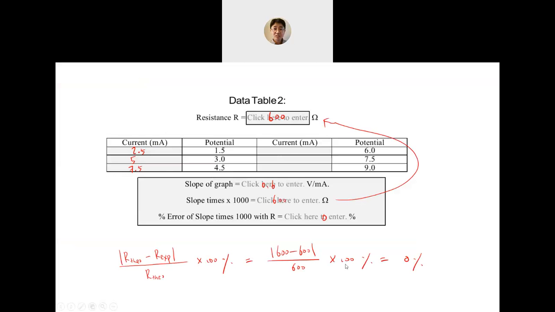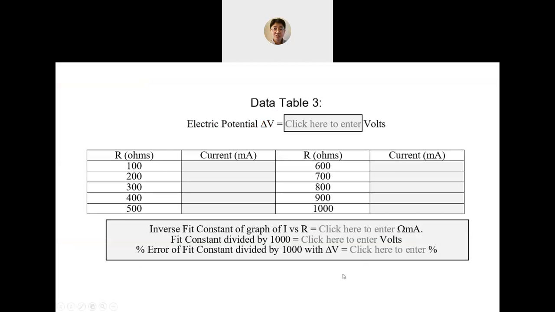Yeah, data table 3. And here, the graph must be like x-axis is I, y-axis R. Then R over I, graph of inverse, R over I, R in ampere.